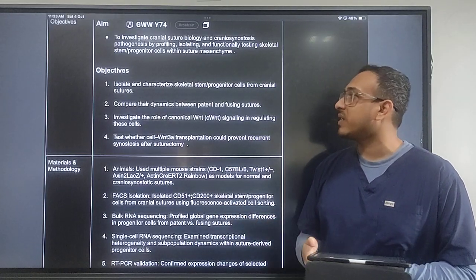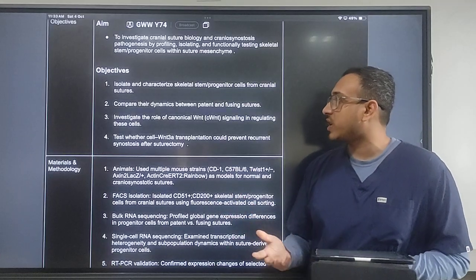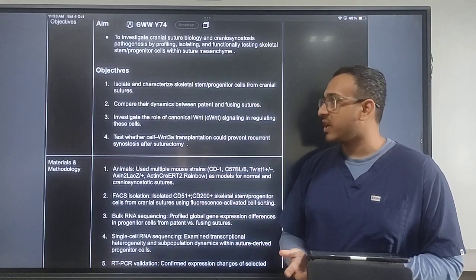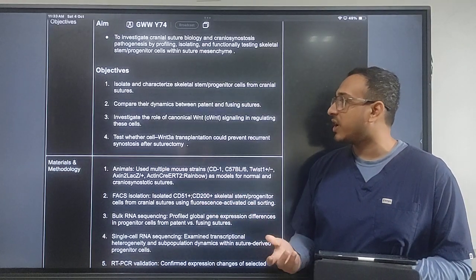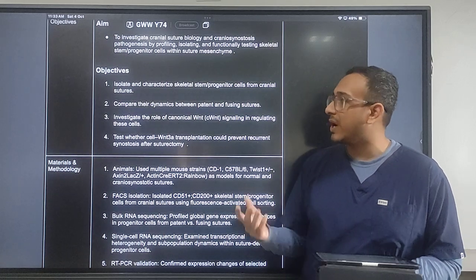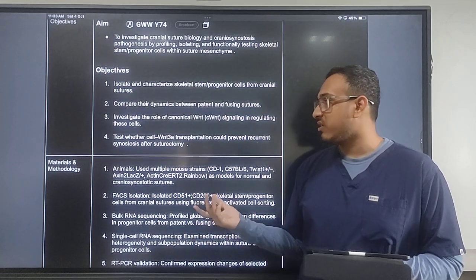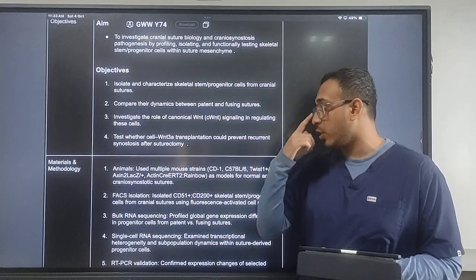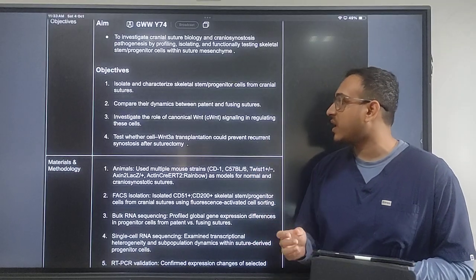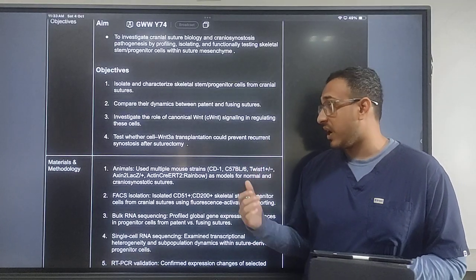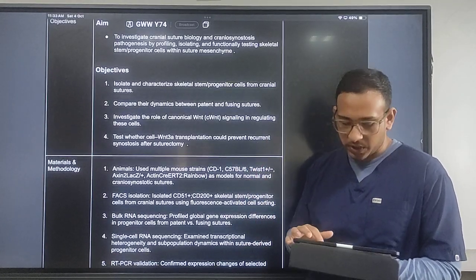Then they had to compare the dynamics between the patent and fusing sutures. They had to investigate the role of canonical WNT signaling in regulating these cells, and they had to test whether the cells with WNT3A transplantation could prevent recurring synostosis after suturectomy.